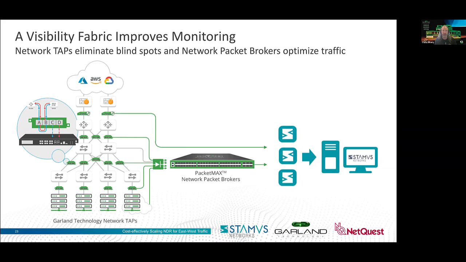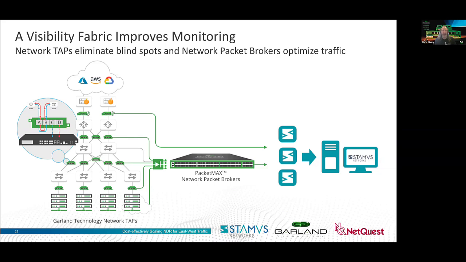They're there 24/7, 365, copying all the traffic. And when you look at tapping that infrastructure, it's going to be a much higher density number of taps and links that you're going to require.